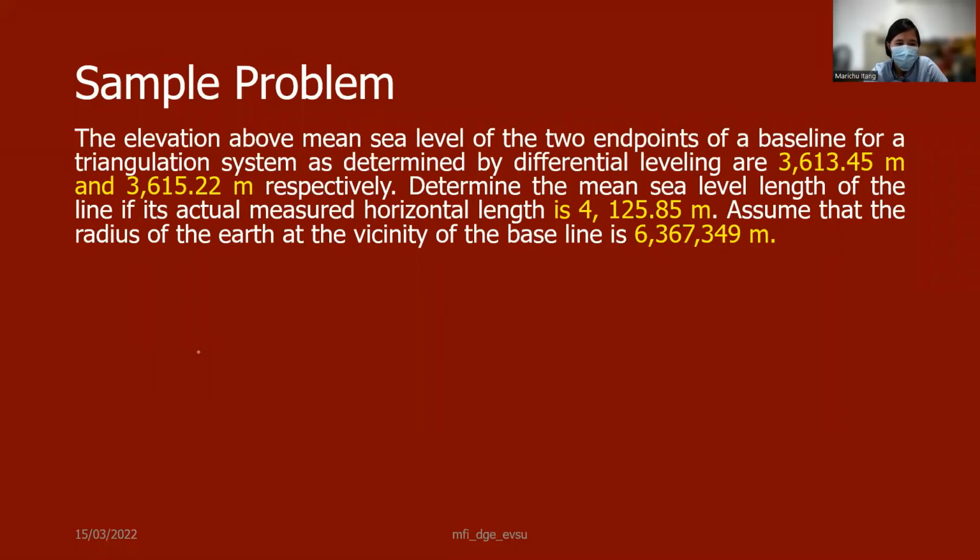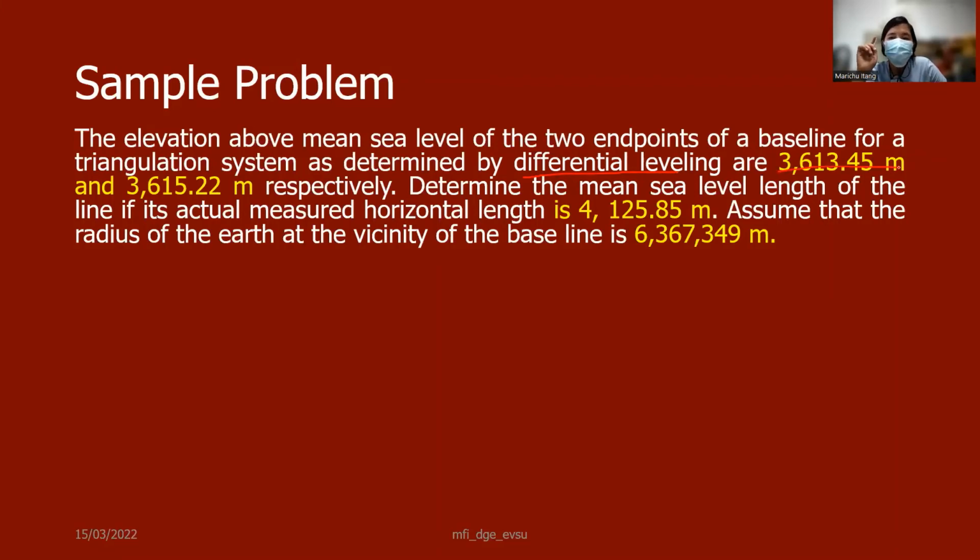So let's have here a sample problem. The elevation above mean sea level of 2 points is given, let's say point A and point B, so na-determine siya through differential leveling. So we are sure na yung H na given is already orthometric.